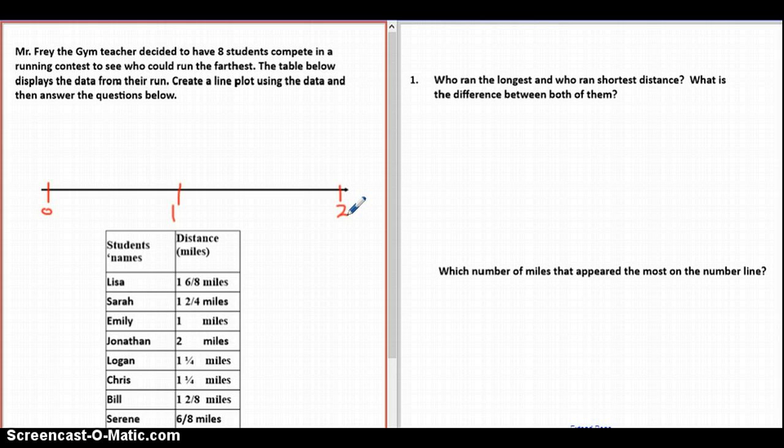My next step is to look at each fraction here and see the denominator. I guess all our denominators should be eighths. So I'm going to break down between each two whole numbers into 1/8, 2/8 until I reach 7/8.